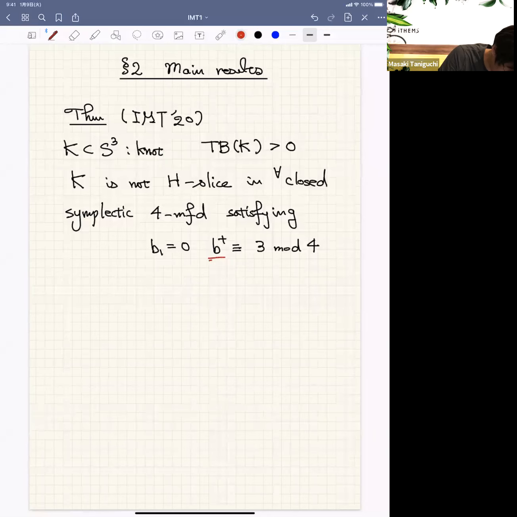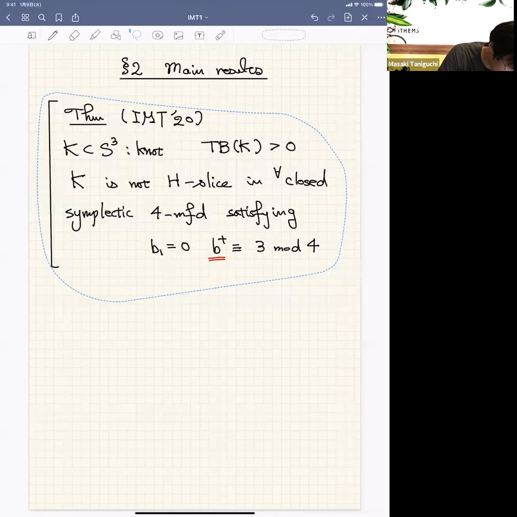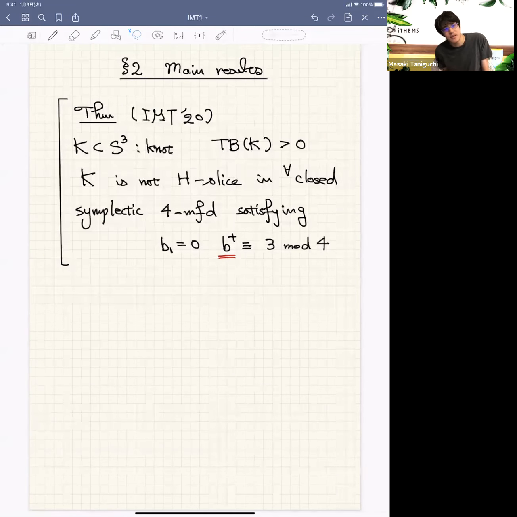Here b plus is the number of positive eigenspaces of the intersection form of a given four-manifold. This is the main result in this talk. It gives some new obstruction to H-sliceness in a certain class of symplectic four-manifolds.